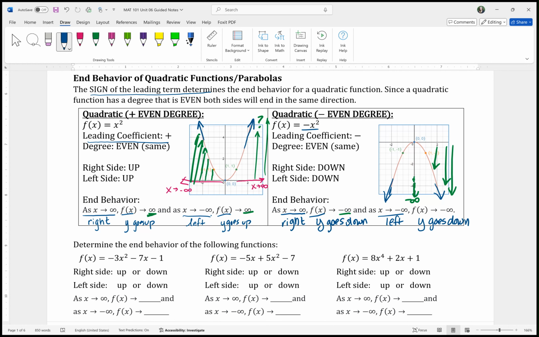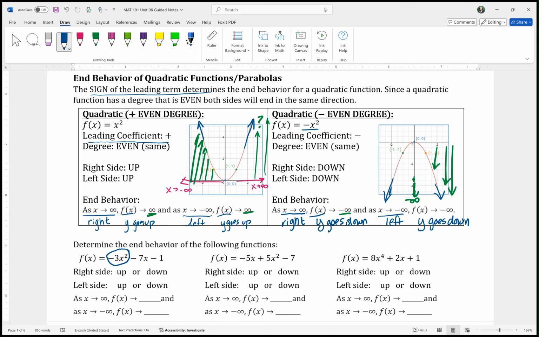So all of that, let's look at some examples here. Okay, determine the end behavior of the following functions. We have f of x equals negative 3x squared minus 7x minus 1. So we are first identifying our leading term. Our leading term is negative 3x squared. That 3 really doesn't tell us very much when it comes to end behavior.